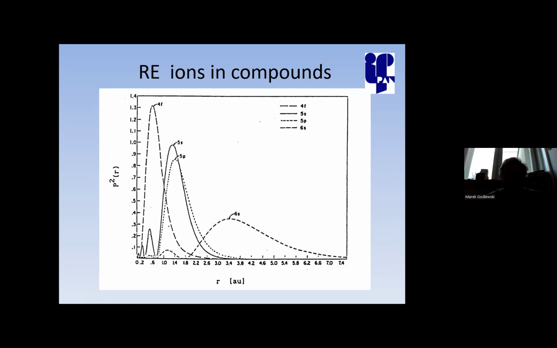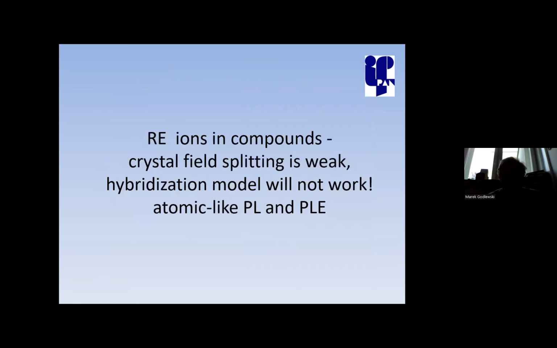And also, the idea put forward to explain the ionization effects is no longer working. So where is the problem? Maybe not a problem, where are the advantages? This hybridization model, which was intuitively proposed for transition metals, is not working.